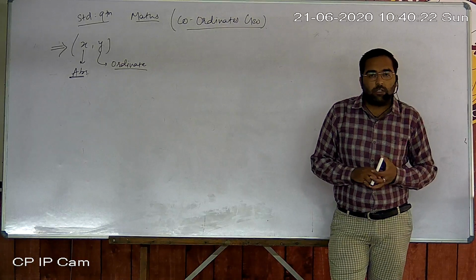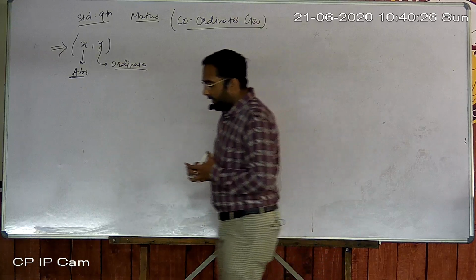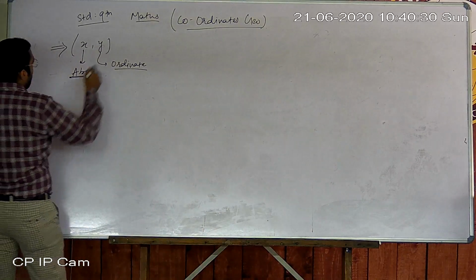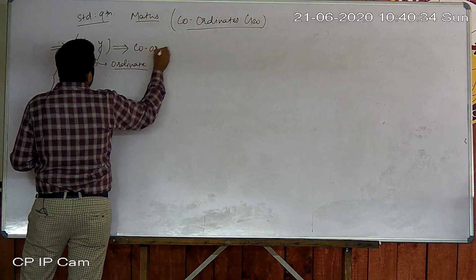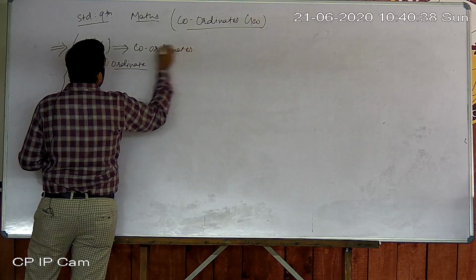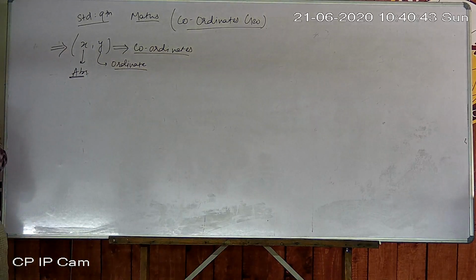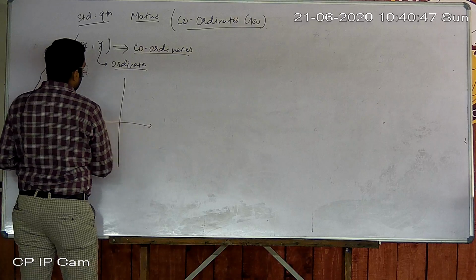With the help of the abscissa and the ordinate, we find the combination of both of them as a coordinate, and the coordinates are represented on the graph.